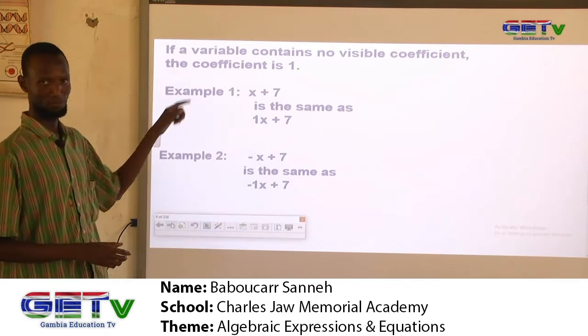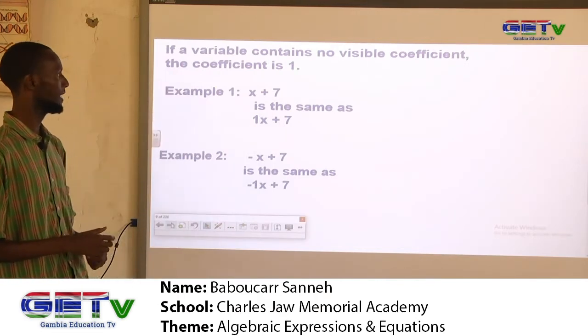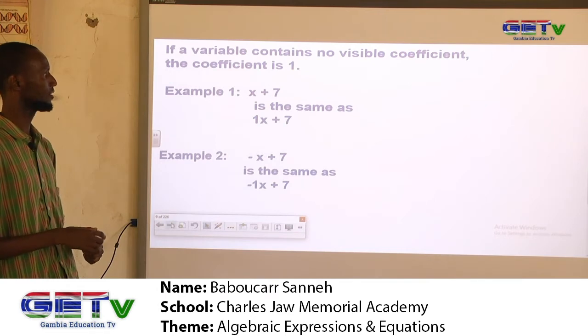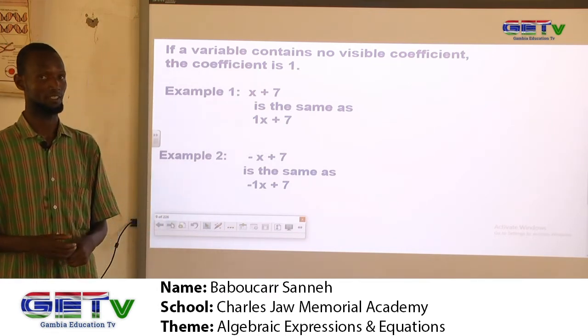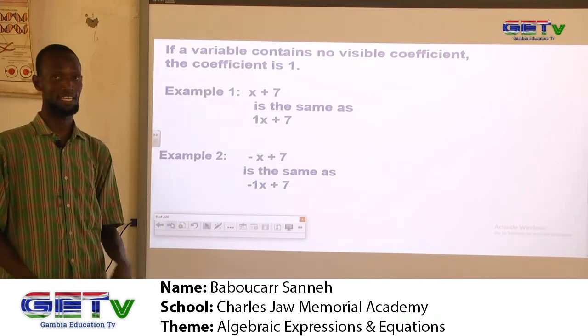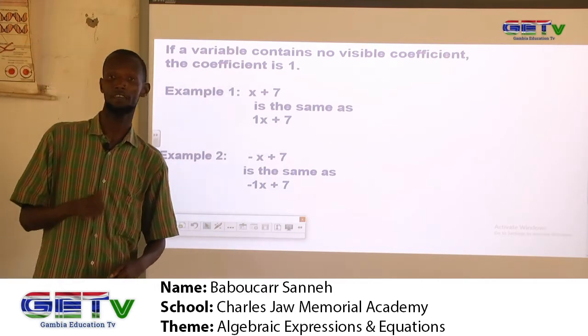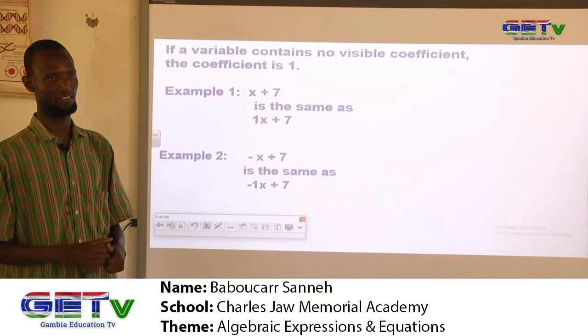This is very, very important to note: if a variable contains no visible coefficient, the coefficient is actually 1. What this is simply saying is that every variable has a coefficient.